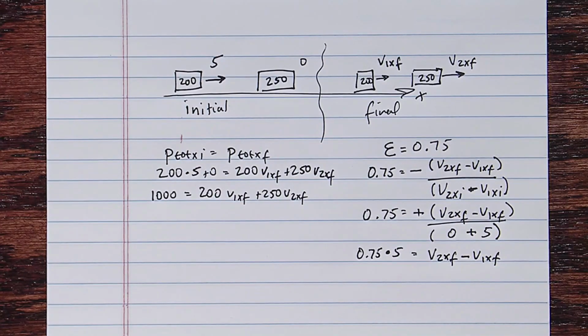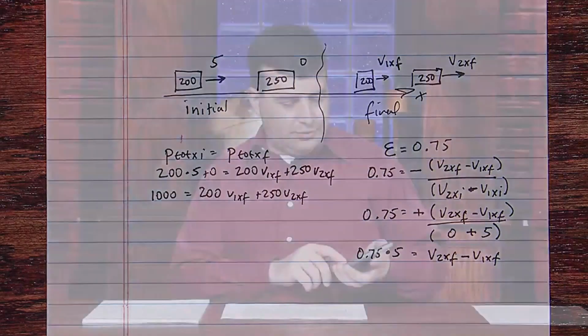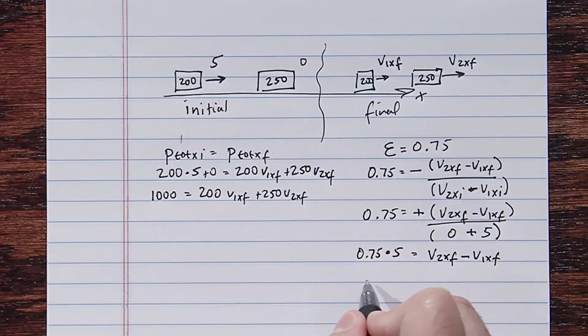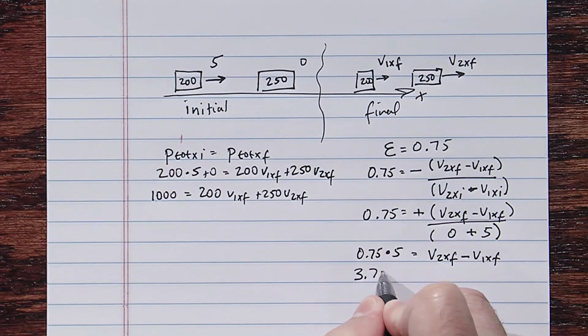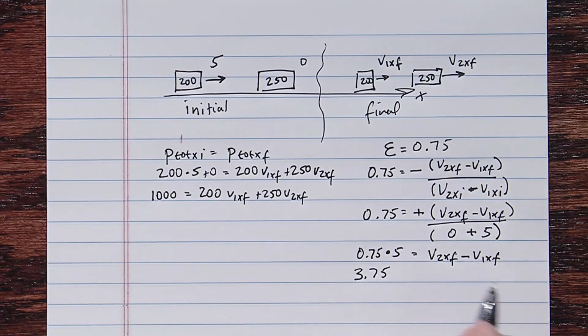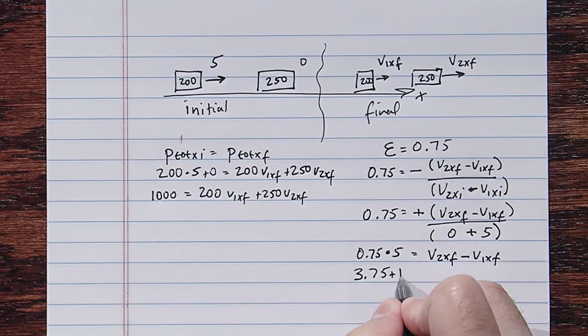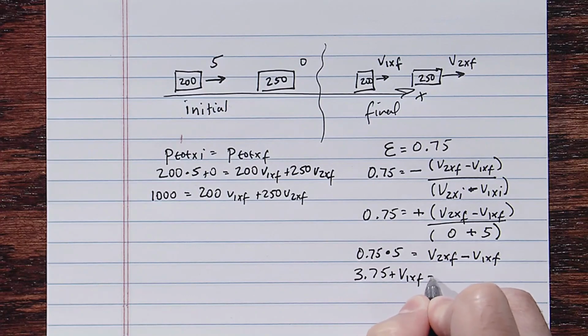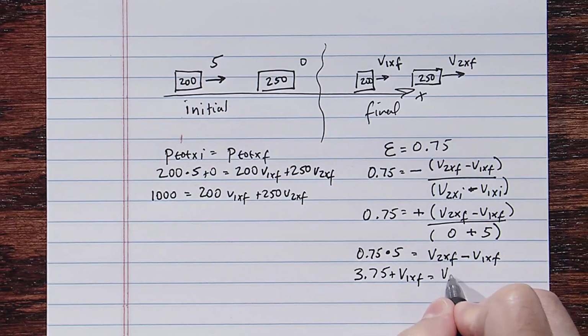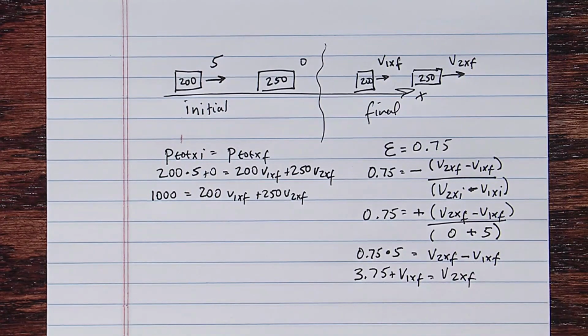And as we've done before, I will add v1x final to both sides. 0.75 times 5 gives me 3.75. So 3.75 plus v1x final is equal to v2x final.